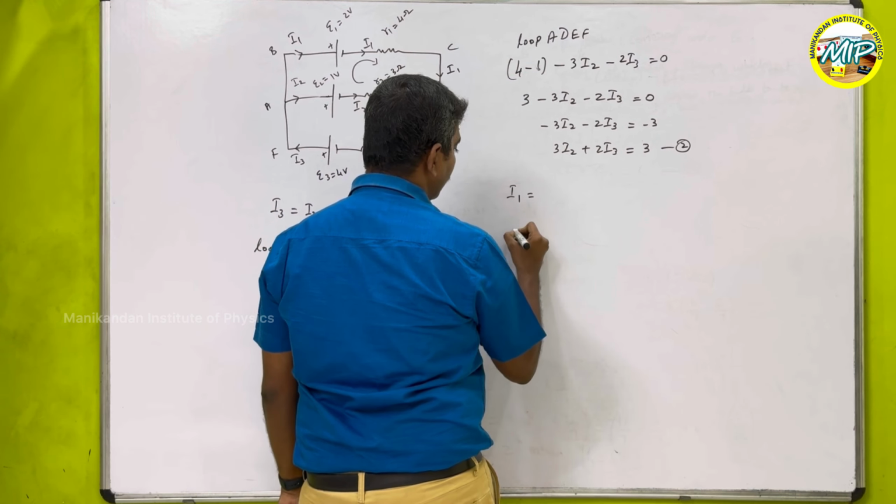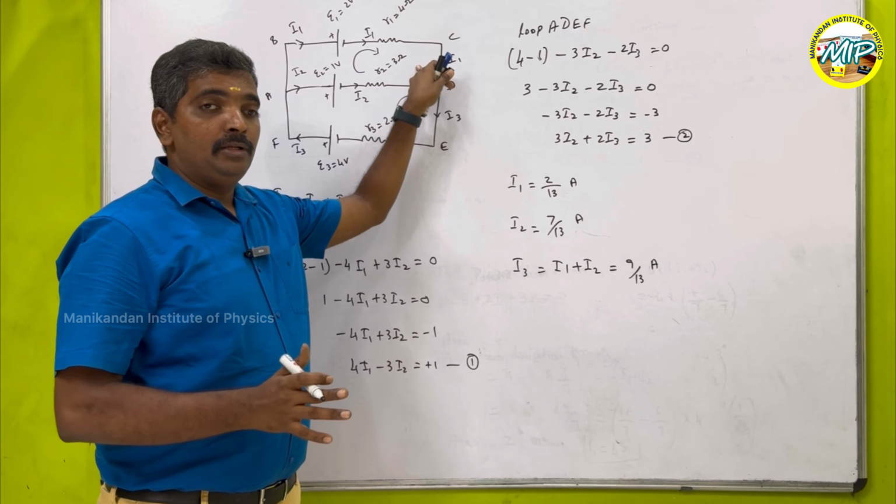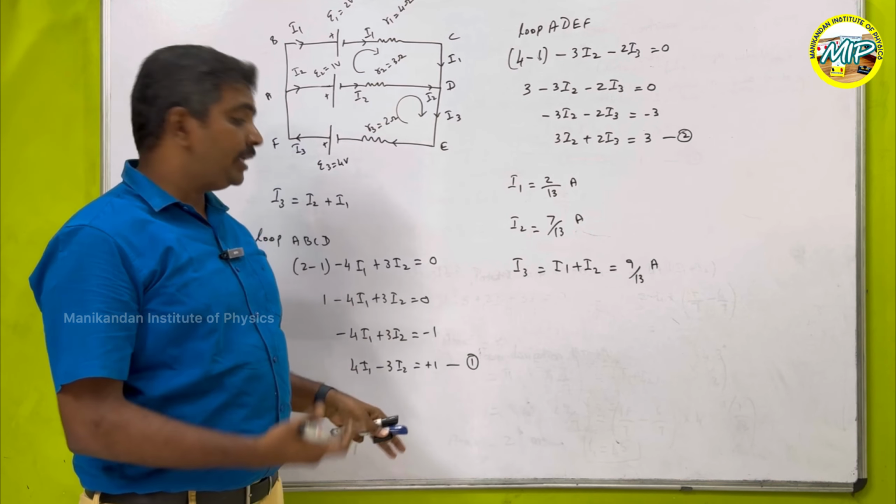I3 equals I1 plus I2, so if I add these two, I am getting 9 by 13 ampere. So it's easy to form a loop and then write the equation.